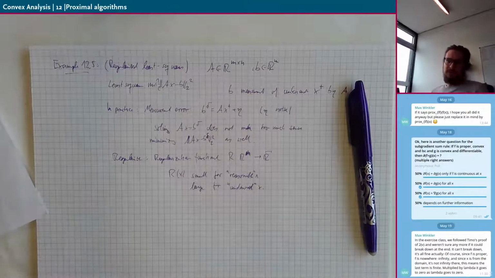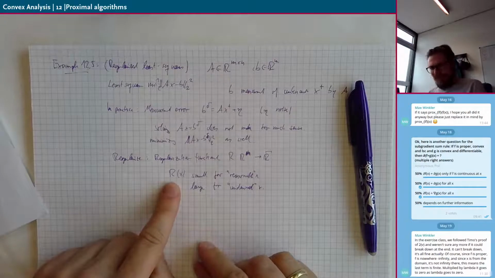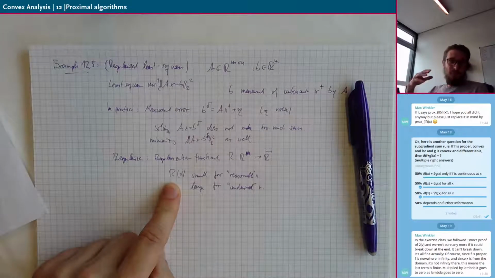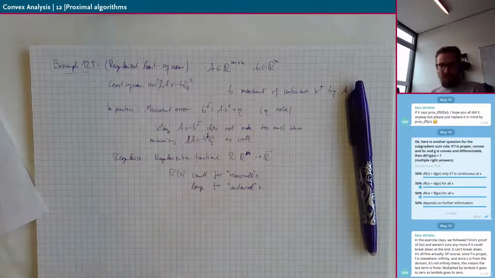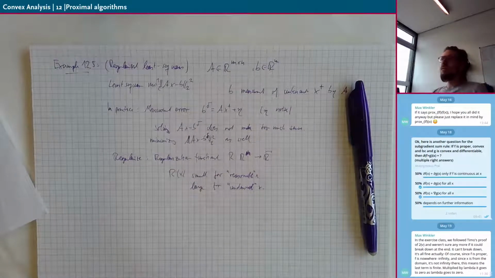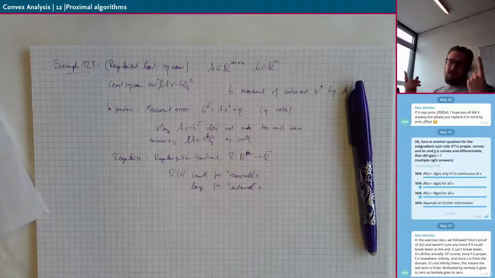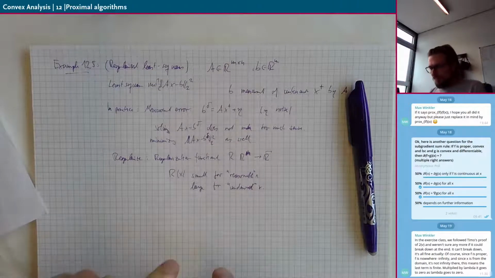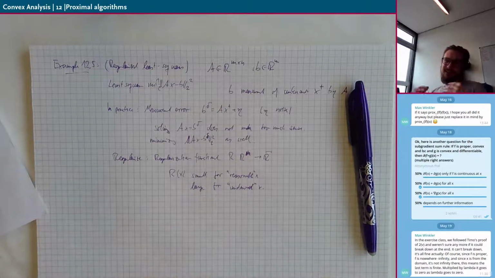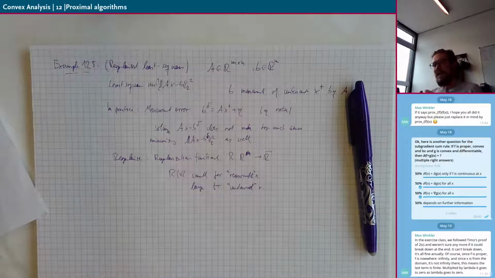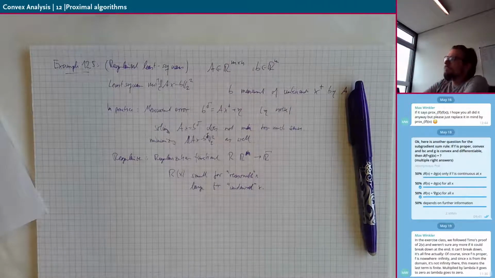So for example, signals may be smooth, and R could give a large value to non-smooth signals and small values to smooth ones. Maybe 0 to all the constants, and the more it oscillates, the larger the value. Or you just say, well, in general the norm of x is not too large. For example, if you take the L2 norm, the square root of the sum of the entries squared, then it's the energy in the signal.